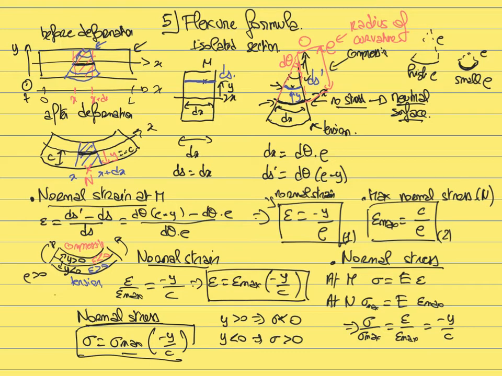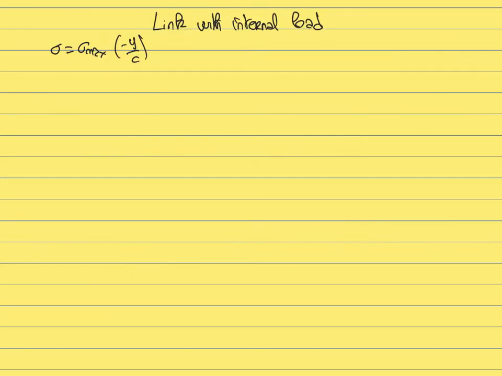So now the second thing that I need to do is to relate this normal stress to the internal loads and internal moments that this beam is subjected to. What we have is the stress at each point M belonging to the beam as a function of its altitude y. And so the question is, how can I relate this to the internal load within the beam?